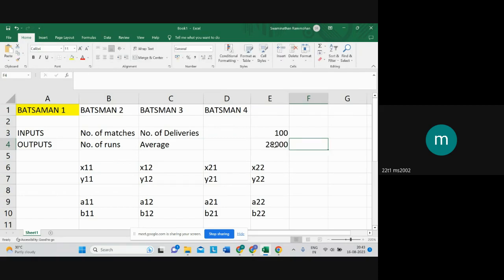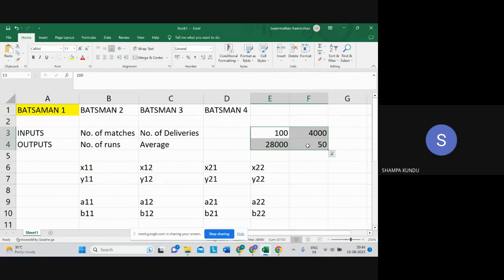And batsman 1 could have faced, say, some 4,000 deliveries, and the average would be 50. This is for batsman 1. So your X11 will be 100. Your Y11 would be 2,800. This is how you write your decision variables. Right? It has a numeric value.